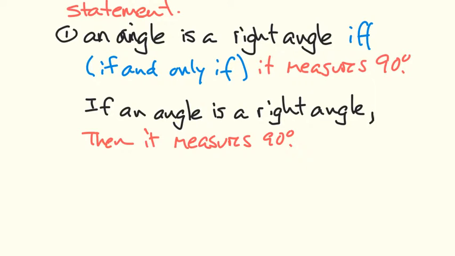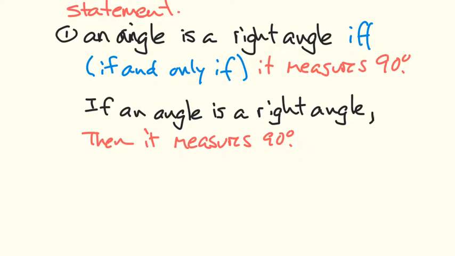So this means that if I show you an angle and I say, hey, this angle is a right angle, you can conclude it measures 90 degrees. So this part here implies or tells you that this part is true. The hypothesis of the statement implies that the conclusion is true.